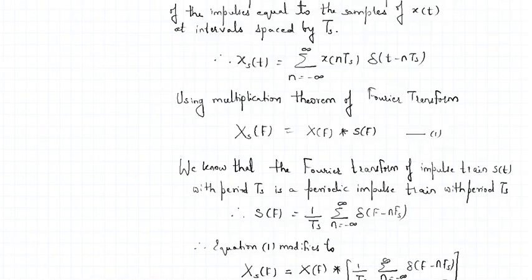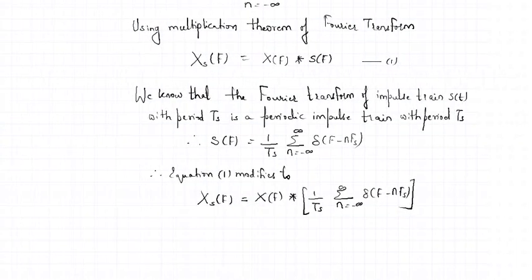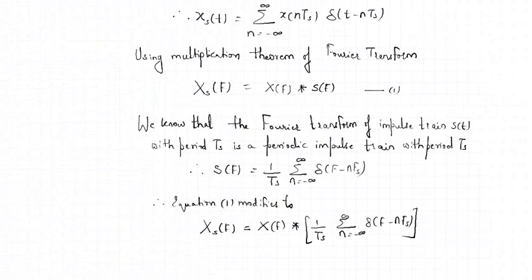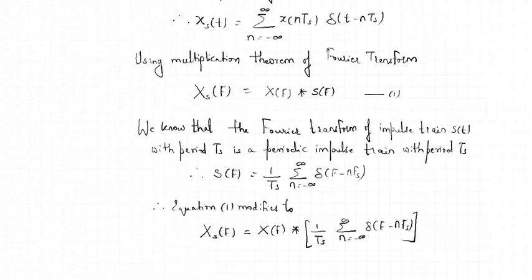Now let us look at the frequency spectrum of the train of impulses. The frequency spectrum of the train of impulses is nothing but all the impulses shifted. If we find the Fourier transform of the train of impulses, what we get is all the impulses shifted in the frequency domain, and therefore I can write the mathematical equation of the train of impulses in the frequency domain as a sum of all the impulses shifted by n fs.